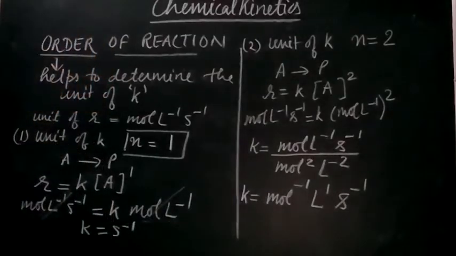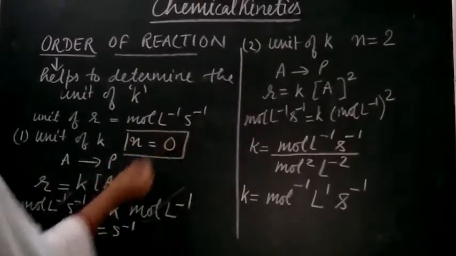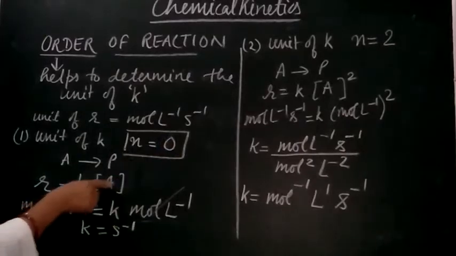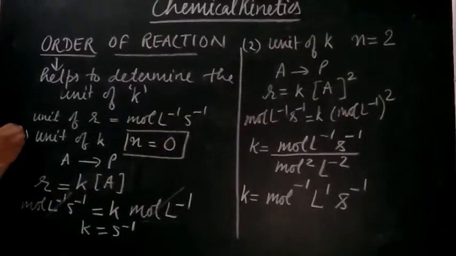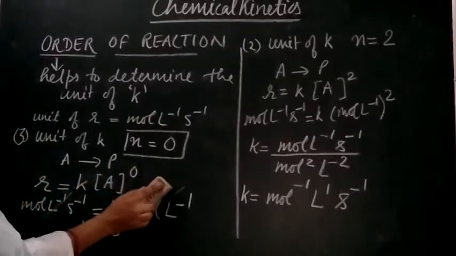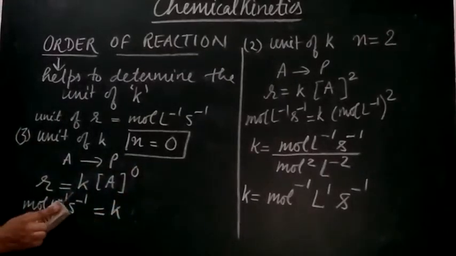Similarly you can find out for n equals 0, right? In this case, the rate of the reaction will be independent of the concentration term. So we can put 0 here because it's independent of it. In that case, it is not going to get cancelled.